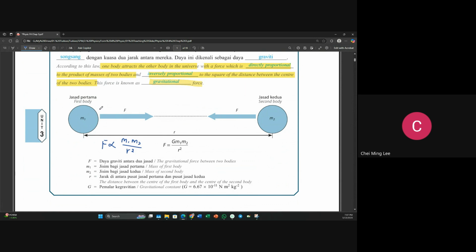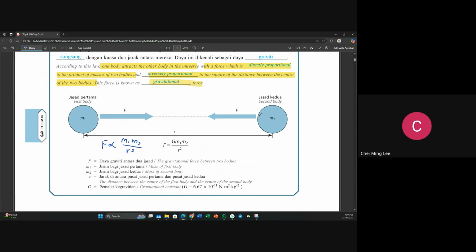When there are two bodies, we are talking about planets. If you are talking about the human body, one boy, one girl, they will automatically be attracted together. Between two bodies, they will attract together.